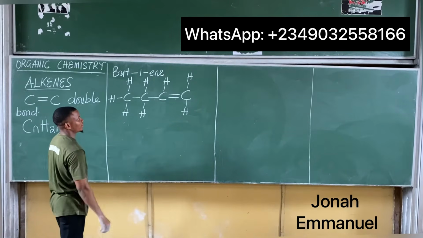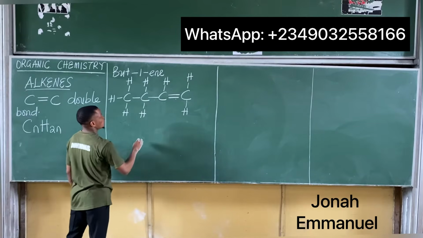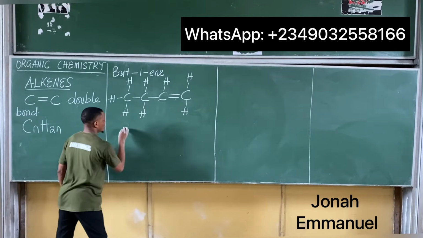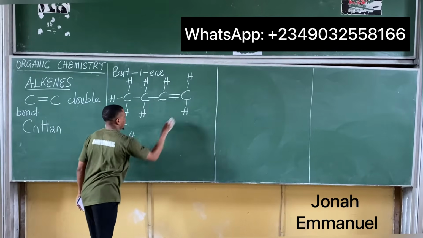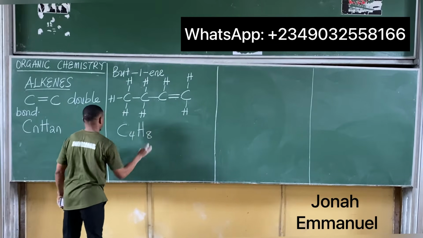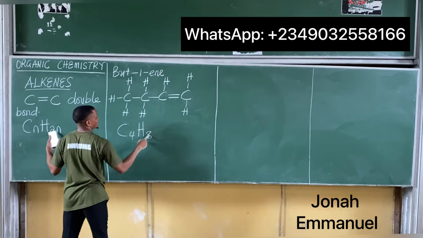This is but-1-ene. I'll tell you why the 1 is there. But-1-ene is C4H8: 1, 2, 3, 4, 5, 6, 7, 8 hydrogens. It still satisfies this formula CnH2n: when n is 4, it becomes H into 2 times 4, which is 8.